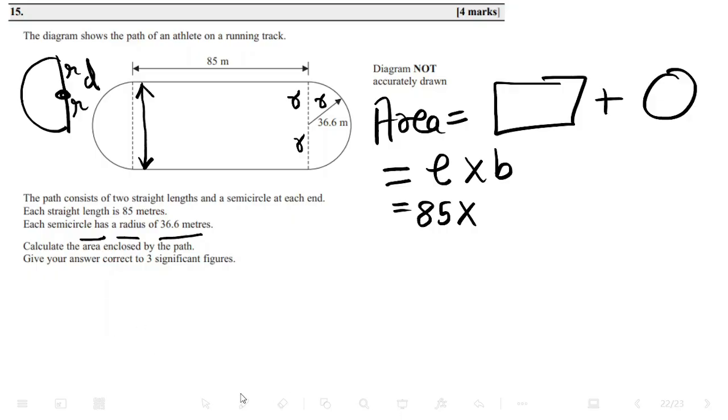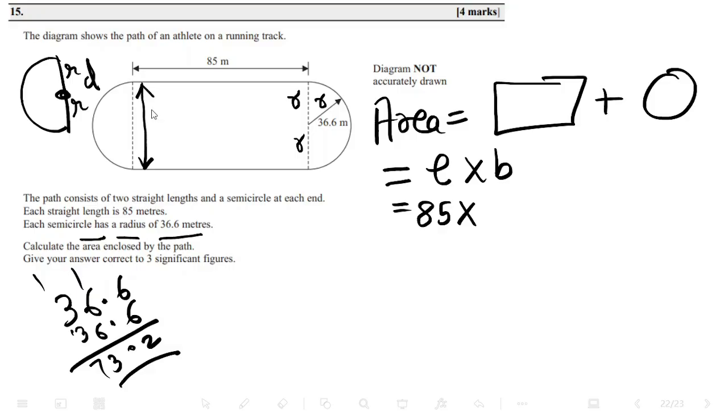We can simply take 36.6, and either multiply by 2, or simply add them, right? 6 and 6 is 12, and then 13. See, this is actually 73, so this is 73.2. Are you getting this point? Yes. Great. Now the breadth is 73.2.